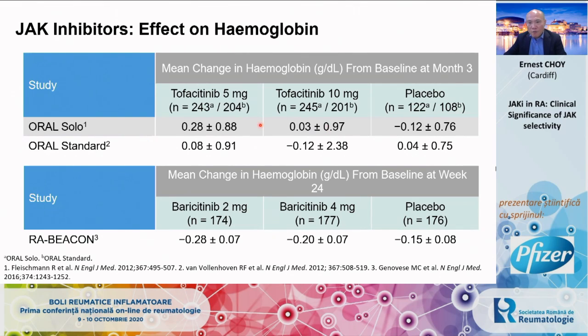If we look at Tofacitinib as a relative JAK1 and JAK3 inhibitor, what we notice is that there's a small increase in hemoglobin associated with 5 milligrams of Tofacitinib, and you can see that these changes are slightly higher than the placebo-treated group. Interestingly, in the Tofacitinib 10 milligram group, there's a loss of this increase.